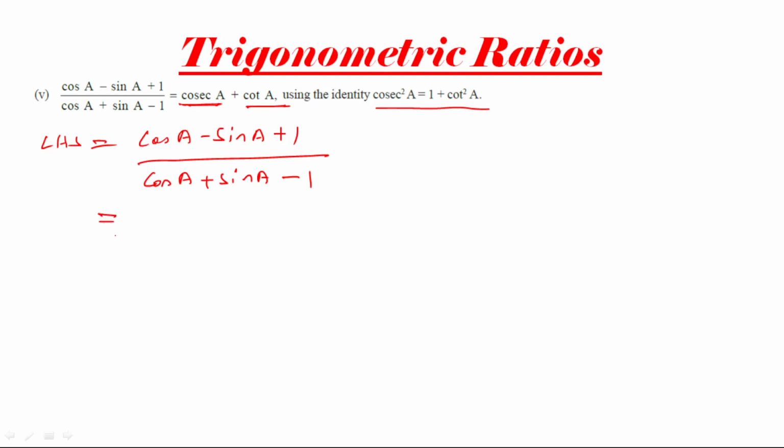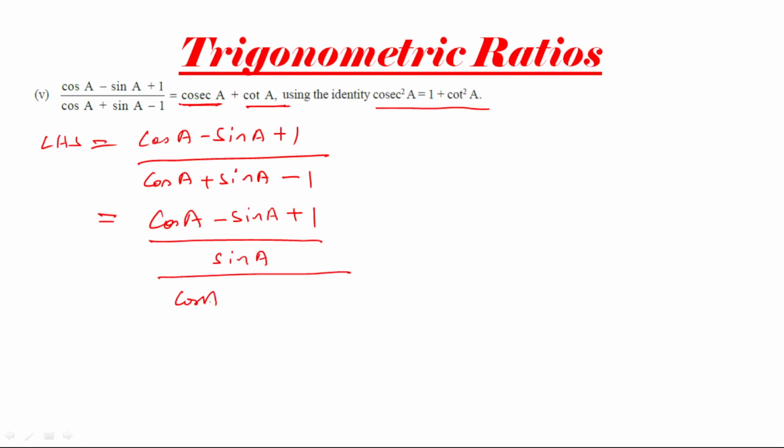So what we'll do, let us divide by cos A. So it will become cos A minus sin A plus 1, or we will divide by sin A. Let us divide it by sin A. Then again cos A plus sin A minus 1 divided by sin A. So we will not cancel it because we purposely divided it.